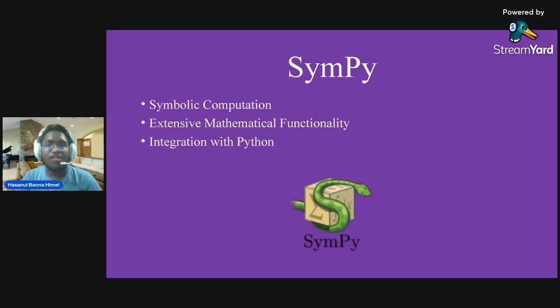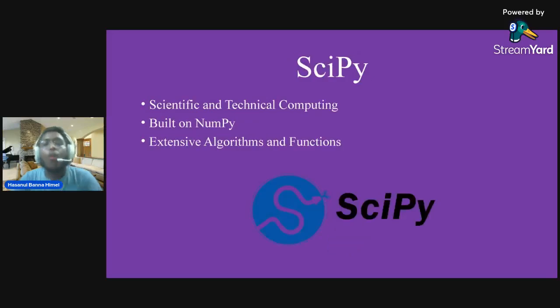So now on the third part here, what is SciPy? SciPy is a framework or a library which provides a wide range of tools, mainly used for scientific and technical computing, including modules for optimization, integration, interpolation, and the eigenvalues problem.